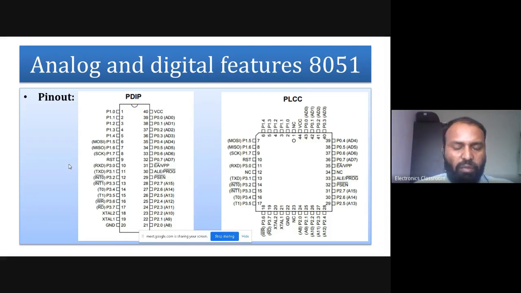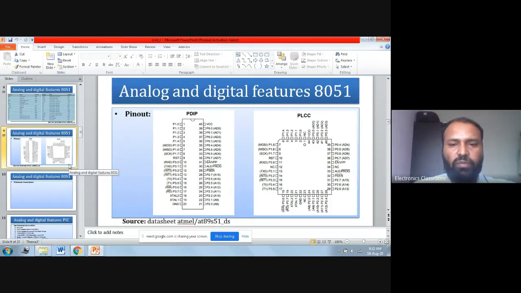We already discussed that we can increase the microcontroller's memory capacity to 64 kilobytes. So to increase the capacity of the microcontroller, we need to interface external memory to it. How are we going to do this?